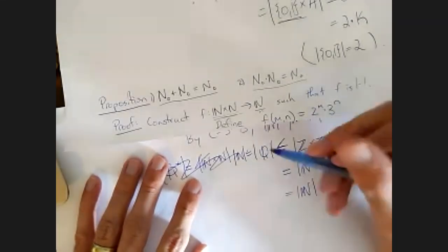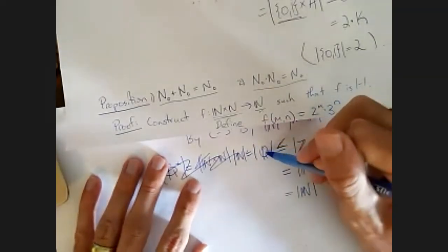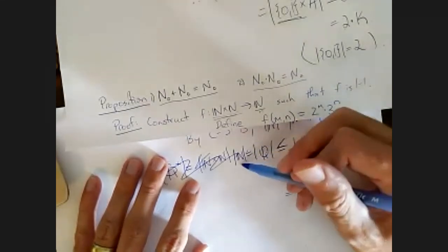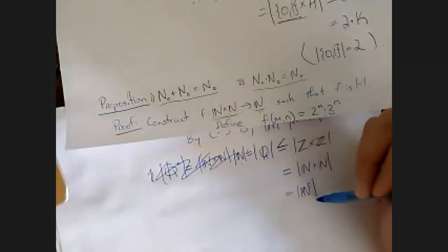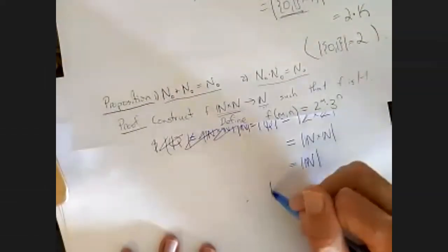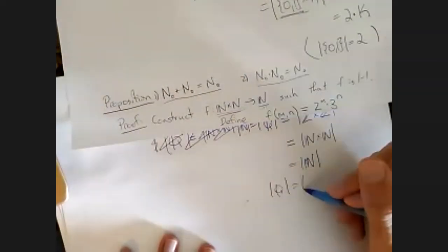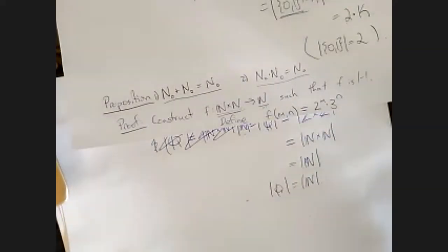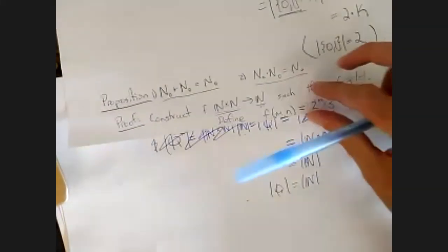Then the Cantor-Schroeder-Bernstein theorem tells us that Q and N have to have the same cardinality, because N has cardinality less than or equal to Q, which has cardinality less than or equal to N.